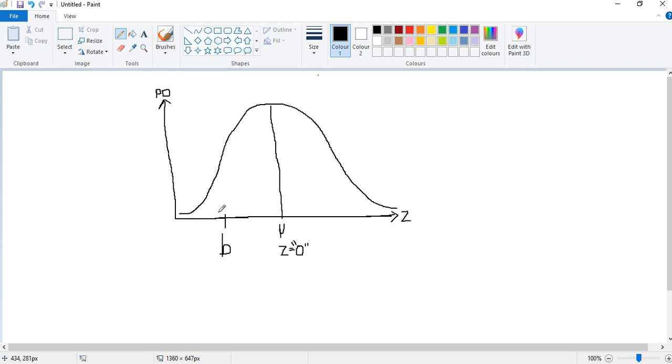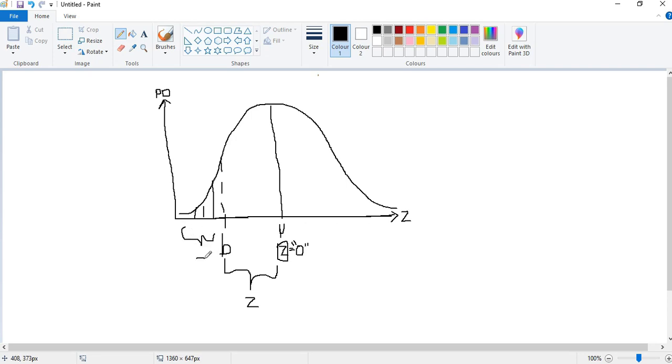Now the probability of Z being less than B is actually this part, isn't it? The gap being less than B is somewhere here.